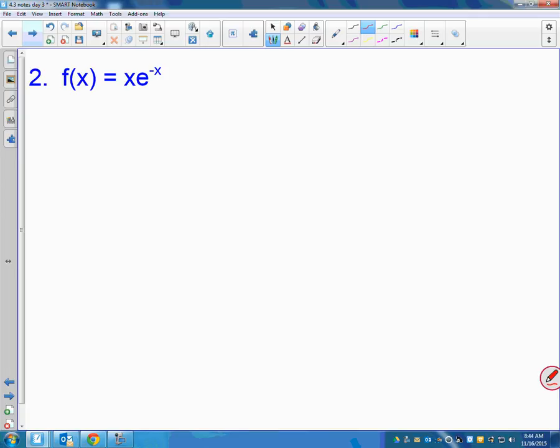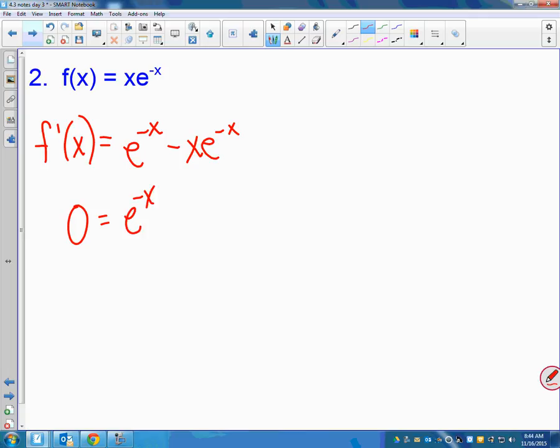So I just went ahead and changed my plus to minus because the derivative of negative x was negative x. And just like we did before, when you set that equal to 0, you can factor out the e to the negative x.